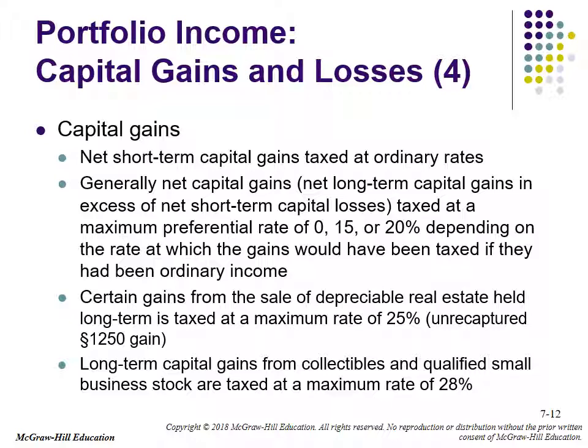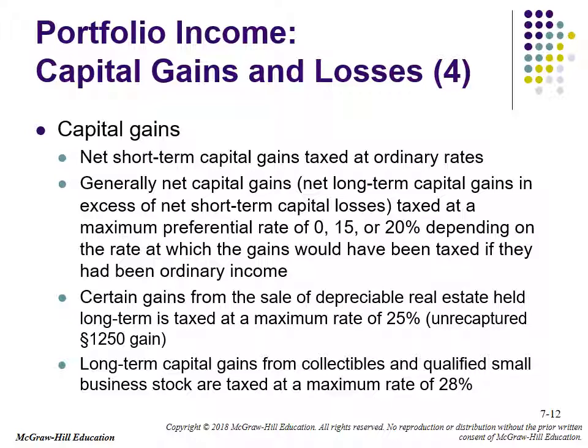No. Since our long-term and our short-term have opposite signs, one's a negative, one's a positive, we net those two together, and the result is a positive $2,500, and it'll take the character of the long-term because the result is a capital gain. So it's a long-term capital gain of $2,500.